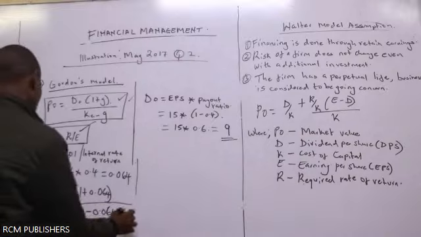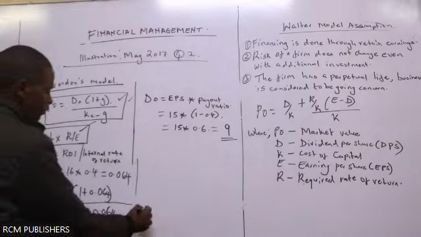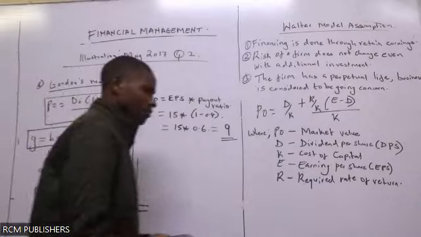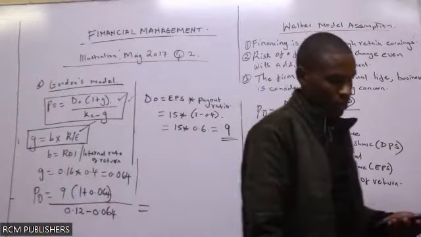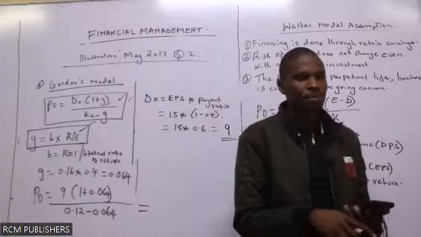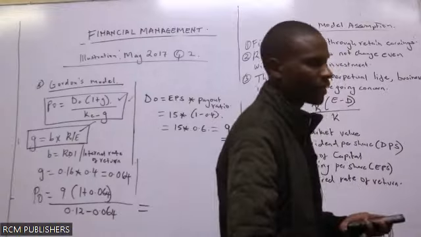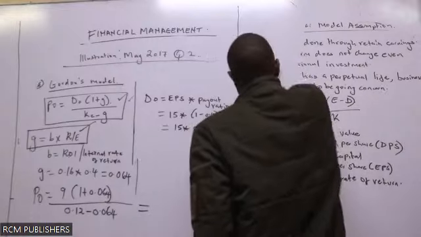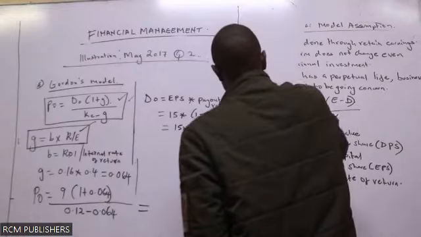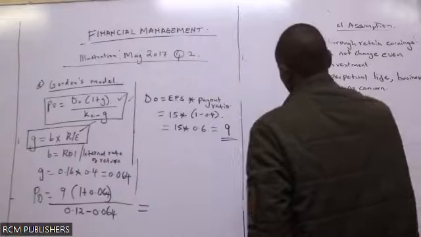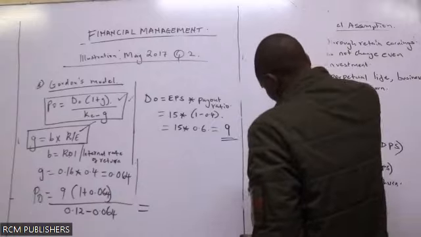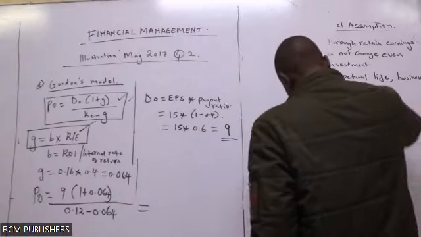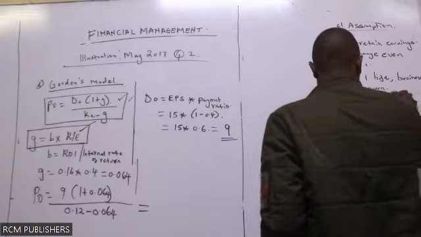What am I going to get as my P0 under Gordon? Then we go to the other one, under Walter. Remember, here we use the assumptions that we wrote down, and that is it.